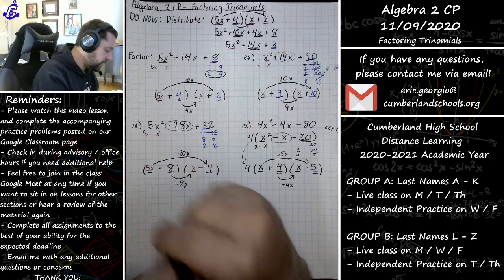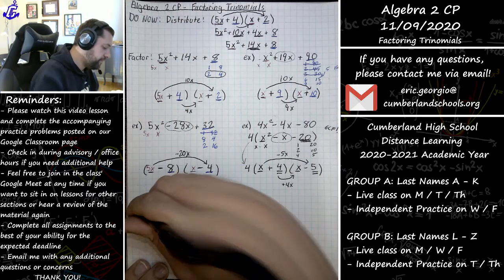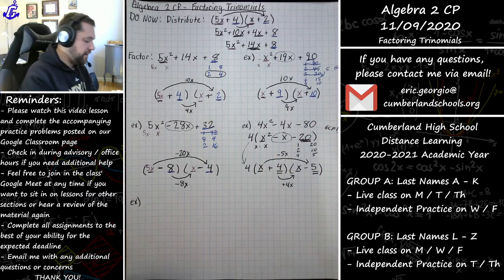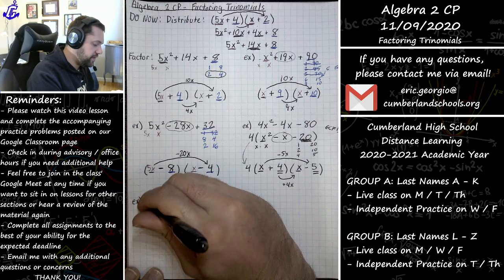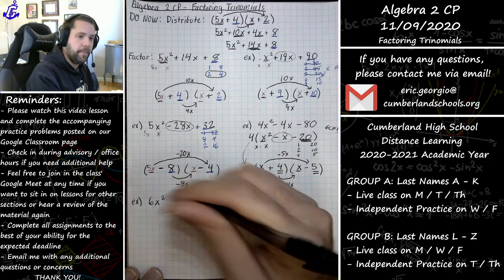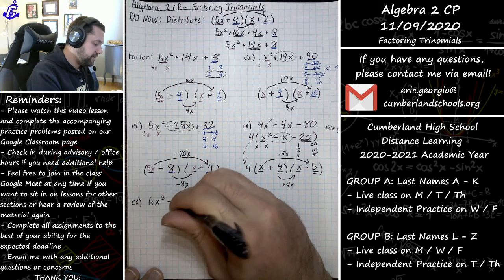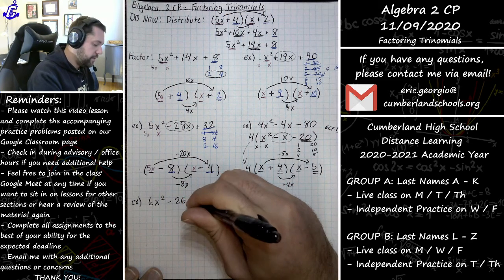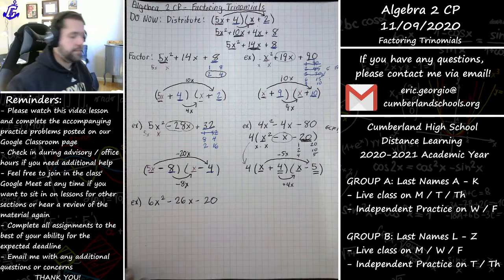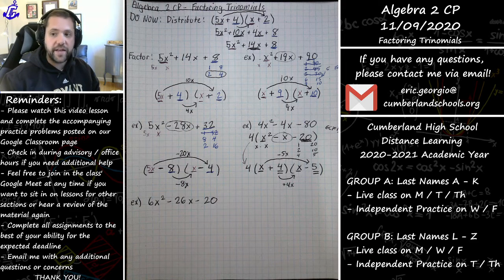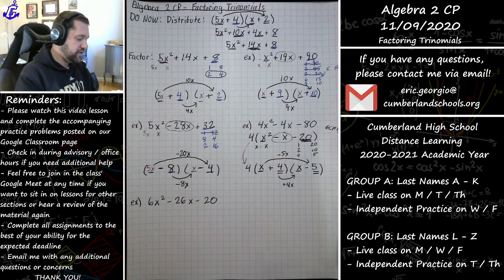All right, let's do a couple more. How about something like this? If I have, let's do 6x squared minus 26x minus 20. Try to factor that down. Again, observation right off the bat, greatest common factor, right? We look just like this problem.